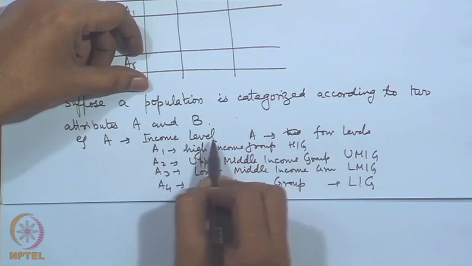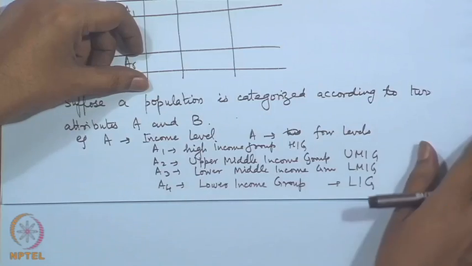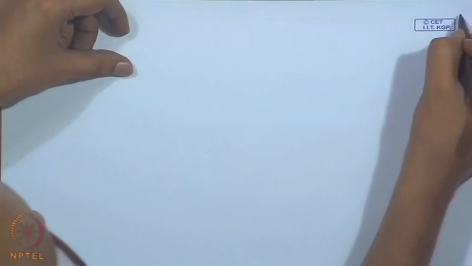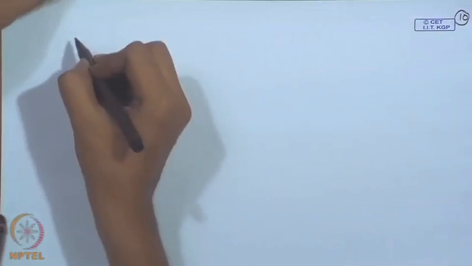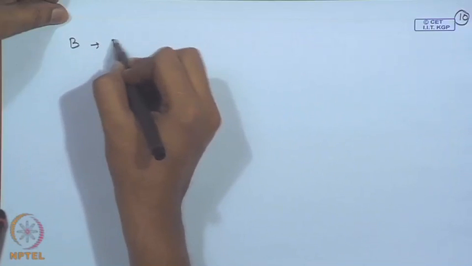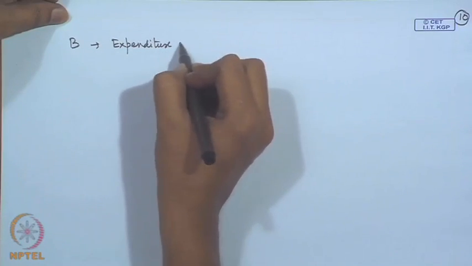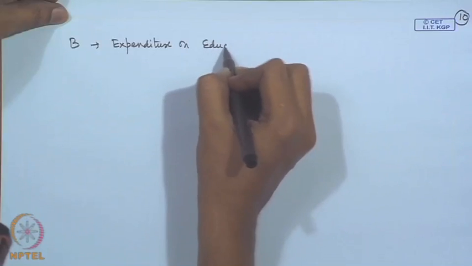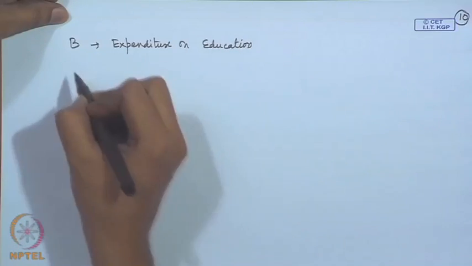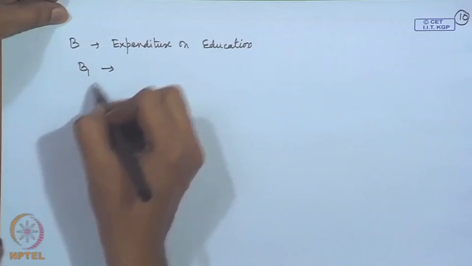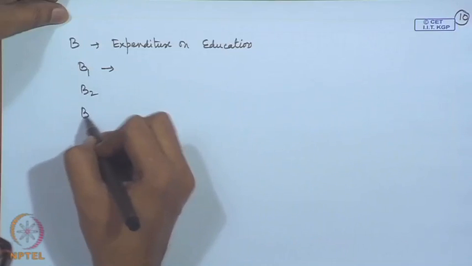And the second one is expenditure on education, and then again I put B1, B2, B3.